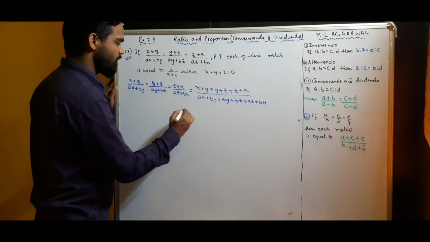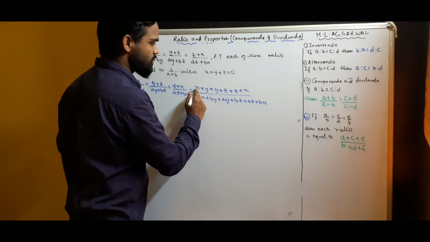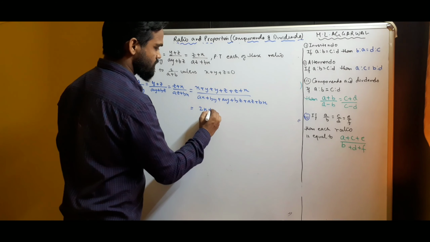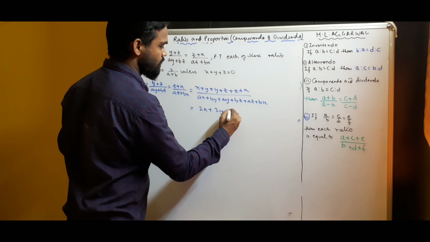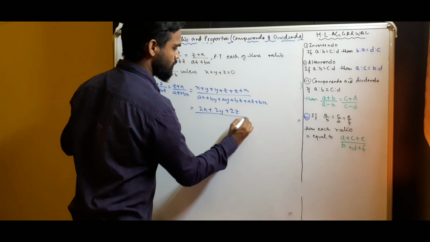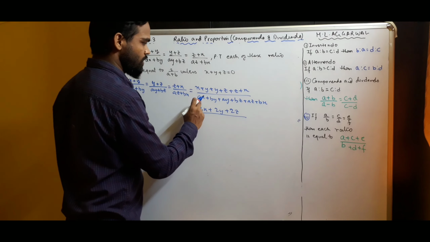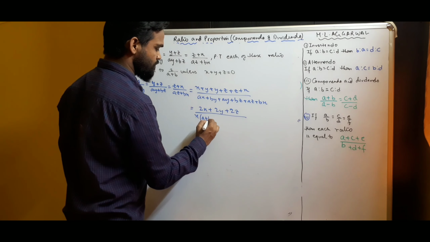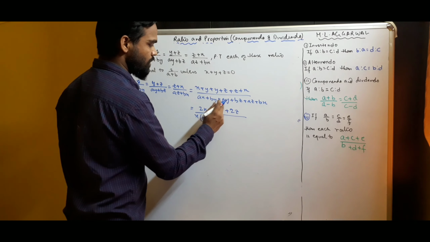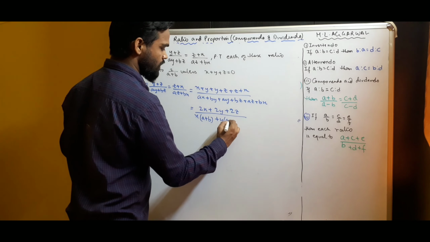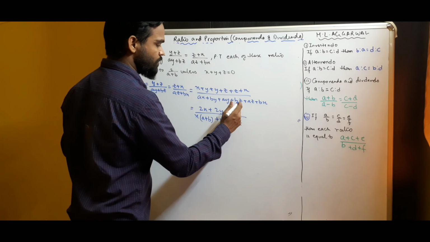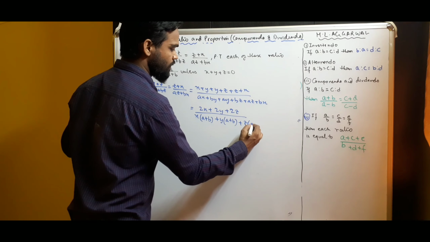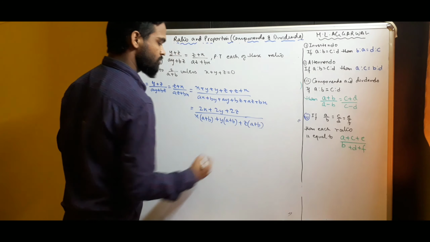Am I clear? Which is equal to, you see, this becomes twice x plus twice y plus twice z. And over here, if you look carefully, ax plus bx, x common, so a plus b. Similarly by and ay, y common, a plus b. Similarly bz and az, z common, a plus b.